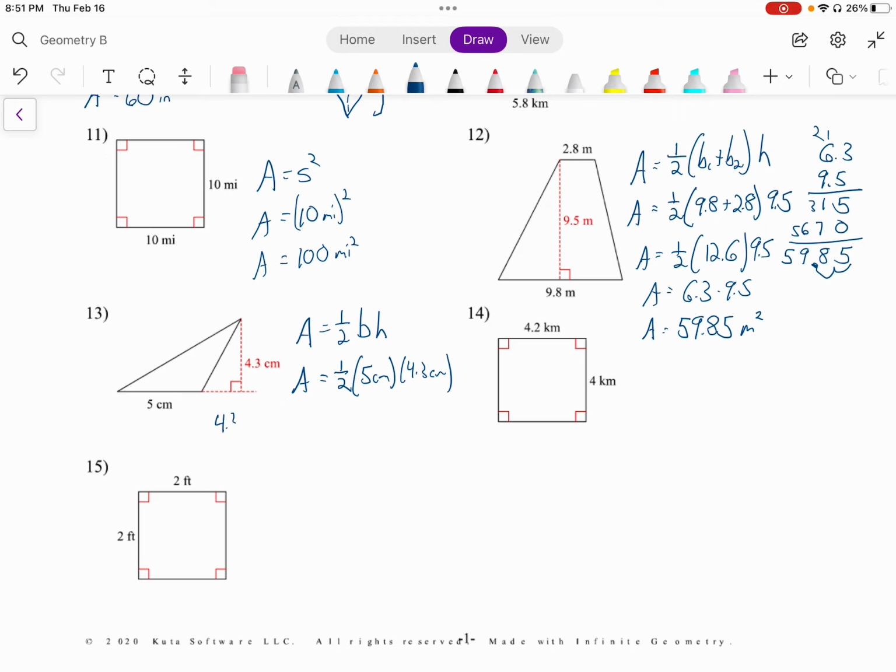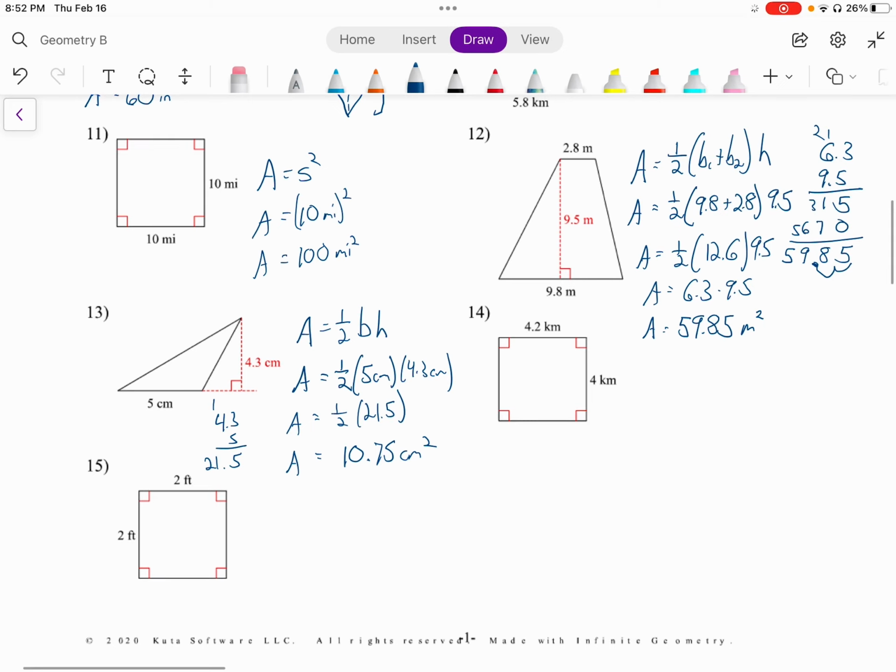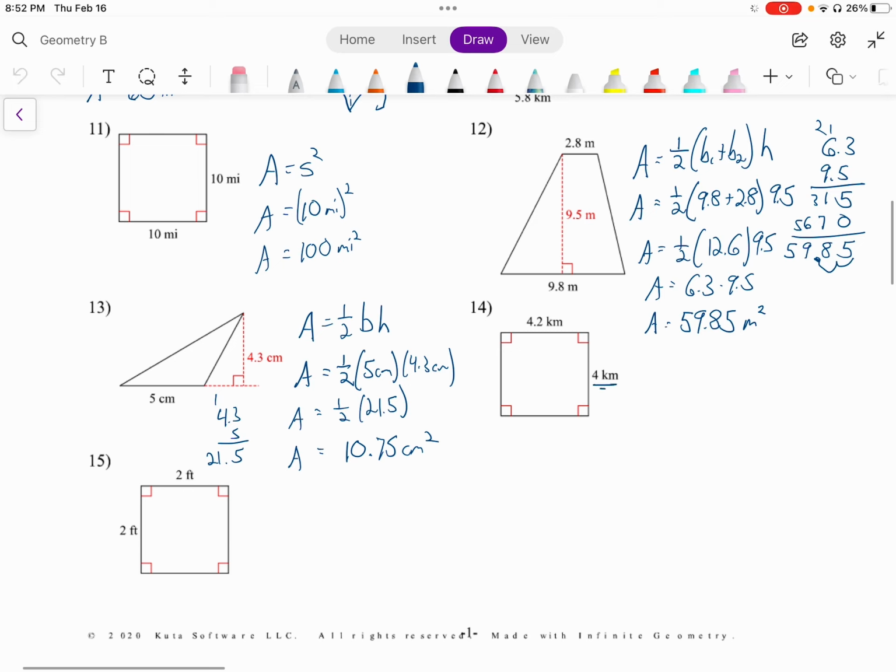So 4.3 times 5 is 21.5, so 1/2 times 21.5. So half of 21.5 is 10.75 centimeters squared. 14 is another simple one. It's a rectangle. It looks like a square, but it's a rectangle because it's 4 and 4.2. Area of a rectangle is base times height.